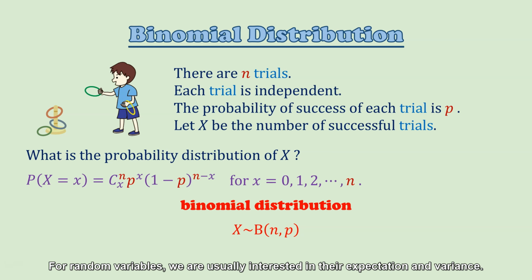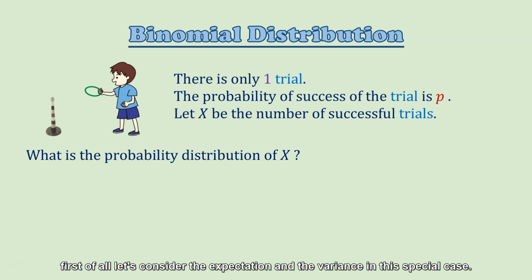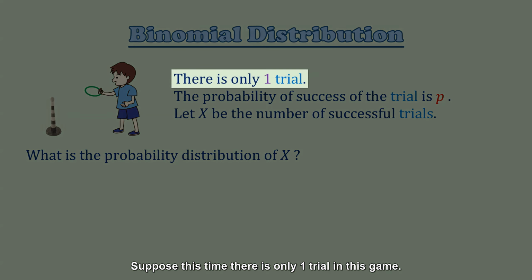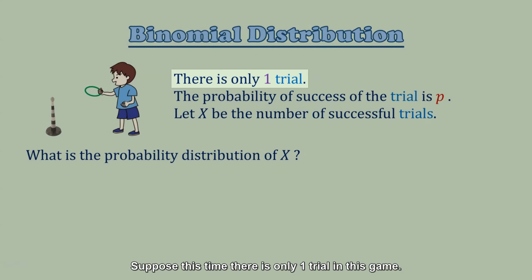For random variables, we are usually interested in their expectation and variance. Now for this binomial variable X following B(n, p), before we can calculate the expectation of X and the variance of X, first of all, let's consider the expectation and the variance in this special case. Suppose this time there is only one trial in this game.